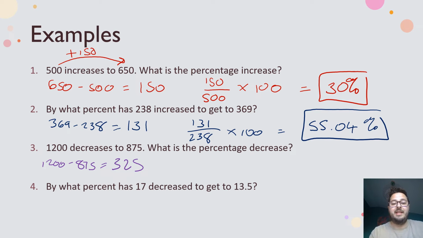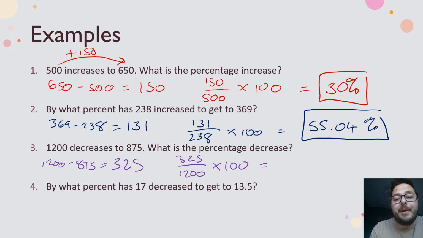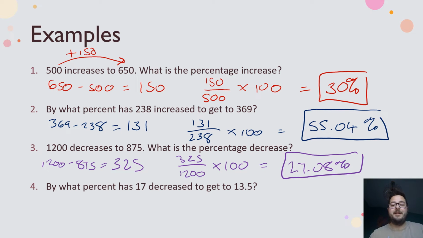Then our percentage decrease is going to be 325 divided by the original number, which is 1,200, times 100 to get the percentage. So 325 over 1,200 times 100 gives us 27.08 to 2 decimal places, and that's how much it's decreased by.